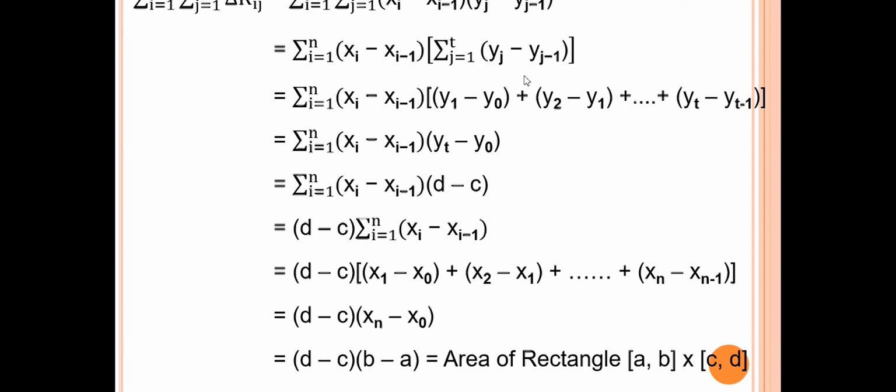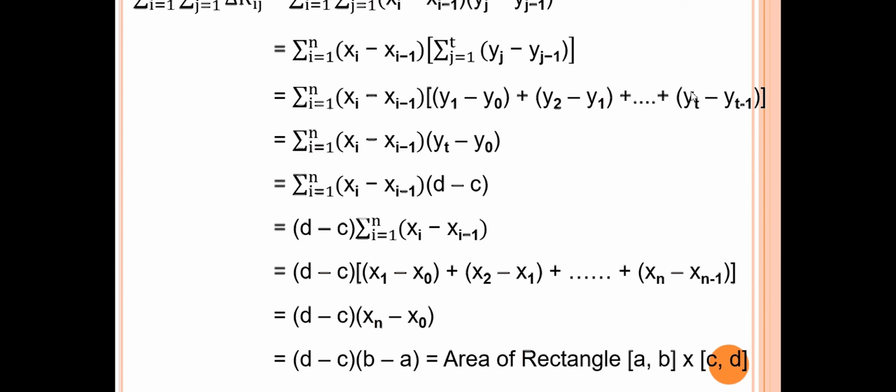You will get the last term as it is, where j is t, so y_t minus y_{t-1}. When you solve it, you can see that here it is plus y1 and here it is minus y1, so it cancels. Again here it is plus y2, and here it will be minus y2, it will be cancelled, and so on. Up to plus y_{t-1} and minus y_{t-1} will be cancelled.